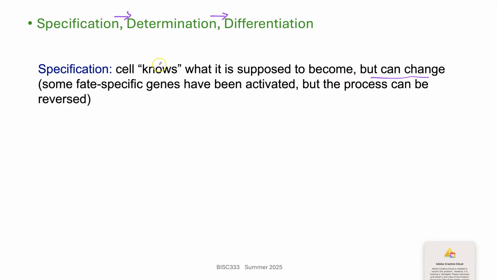So think about two things. A cell that is specified, if you were to take a clump of those cells and just culture it separately and then observe what happens to it on its own, it will progress and form the structures, the type of cells it's supposed to form.